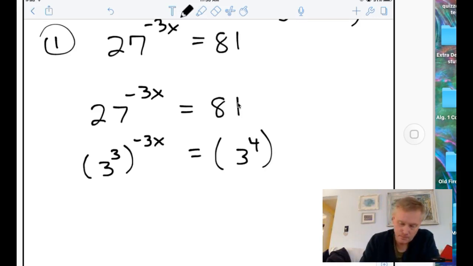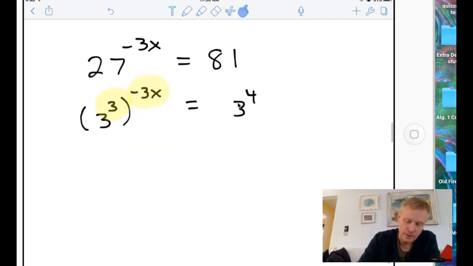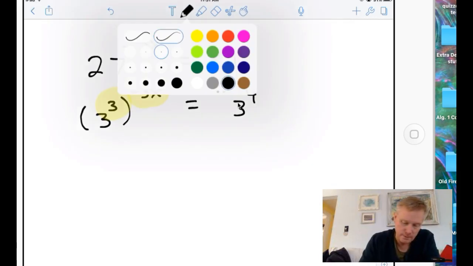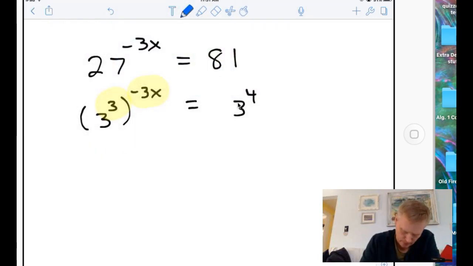And I don't need the parentheses there. So if I multiply these exponents together, my 3 and the negative 3x together, I get negative 9x. So I got 3 to the negative 9x equals 3 to the fourth.